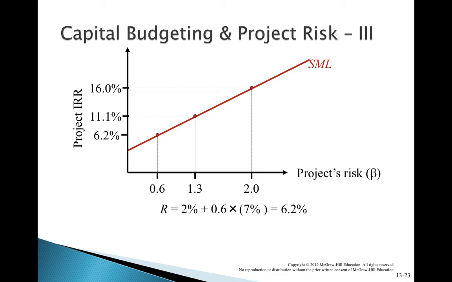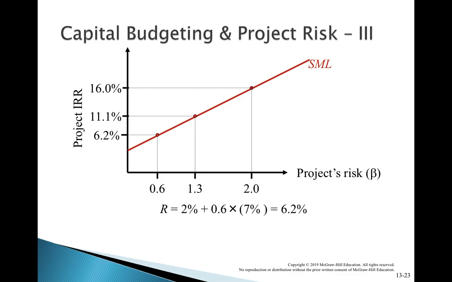Because you are looking into a project in the electrical utility industry, you should take 2% as the risk-free rate of return, plus the 7% risk premium, multiplied by the beta of 0.6, which is equal to 6.2%.